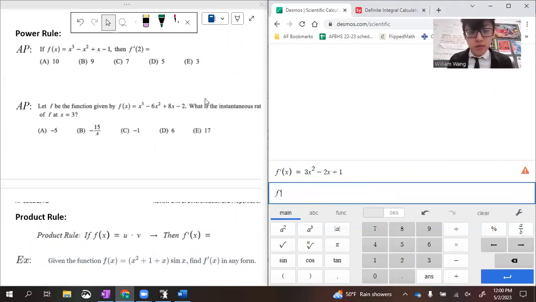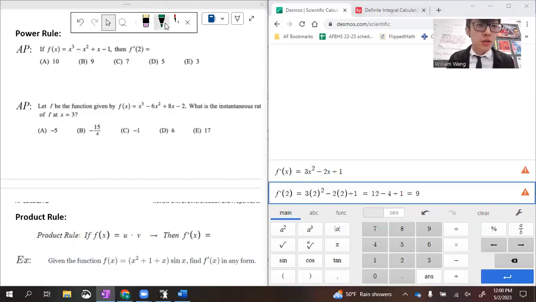So I plug in 2. So it's 3 times 2 squared minus 2 times 2 plus 1. So that's equal to 12 minus 4 plus 1. So that is equal to 9. My answer choice is B.